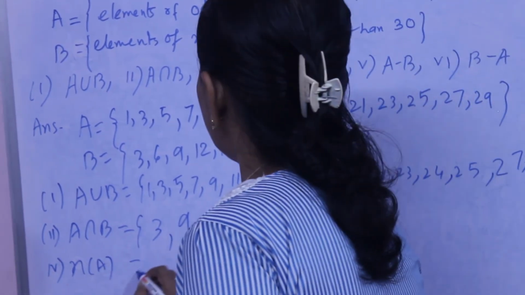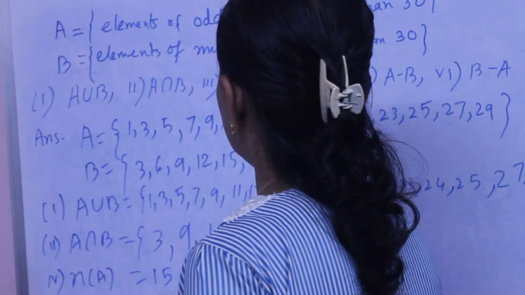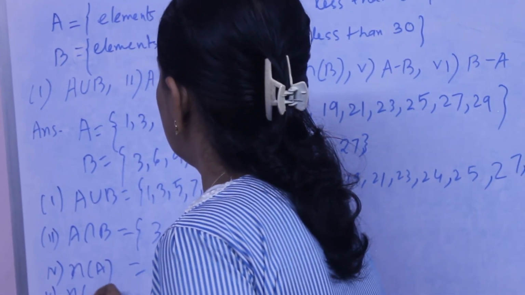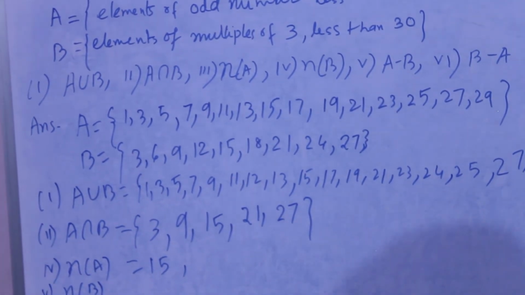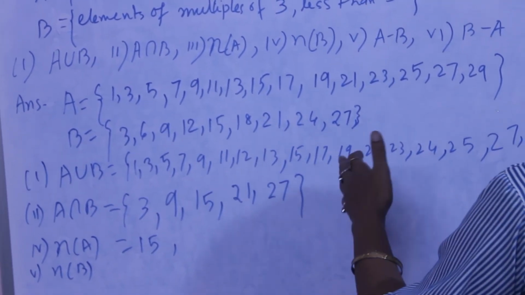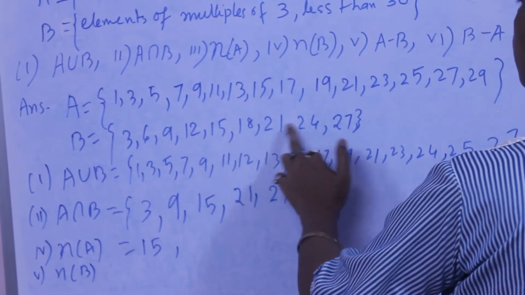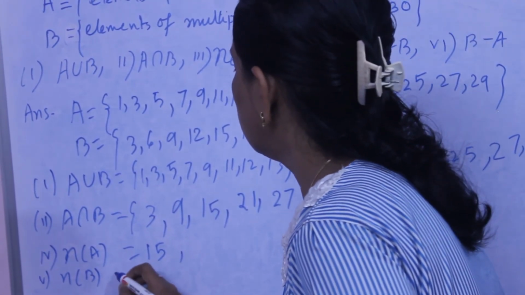So n(A) will be 15. Now the cardinality of set B, the number of elements in set B: 1, 2, 3, 4, 5, 6, 7, 8, 9. This will be 9.